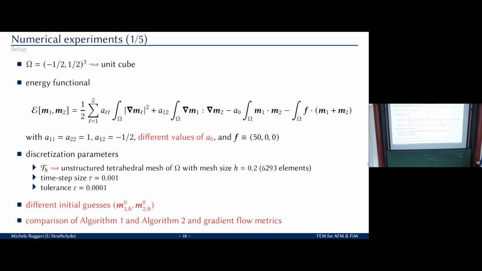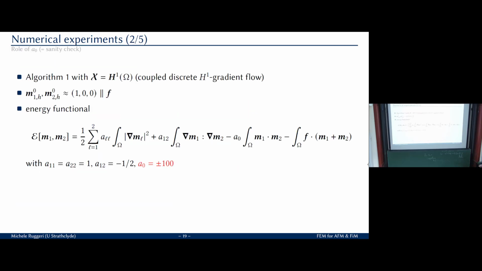What I will do is evaluate two different choices of this coefficient to understand its meaning, so different values of A0. Then I will discuss two different values of the initial guess, and then of course I will compare the two algorithms, algorithm 1 and algorithm 2, and two possible choices for the gradient flow metric.